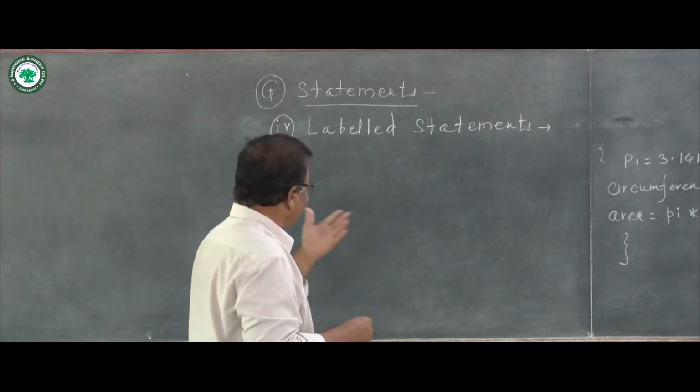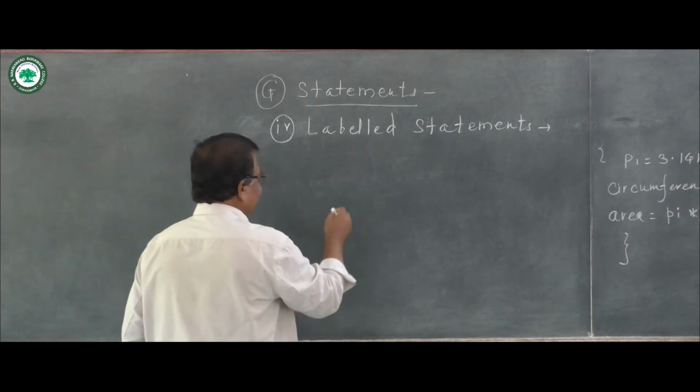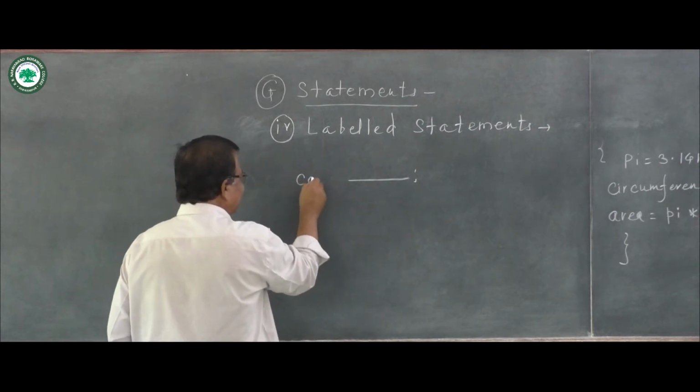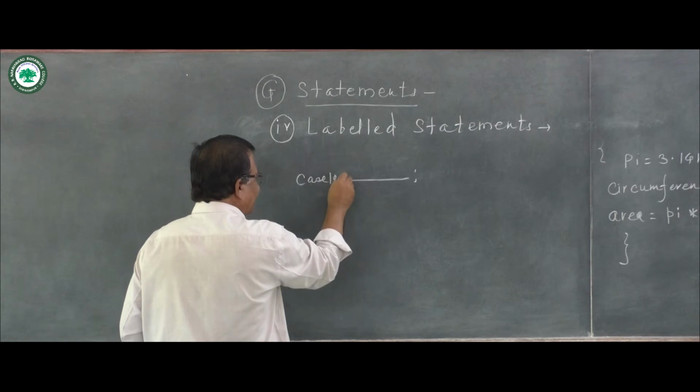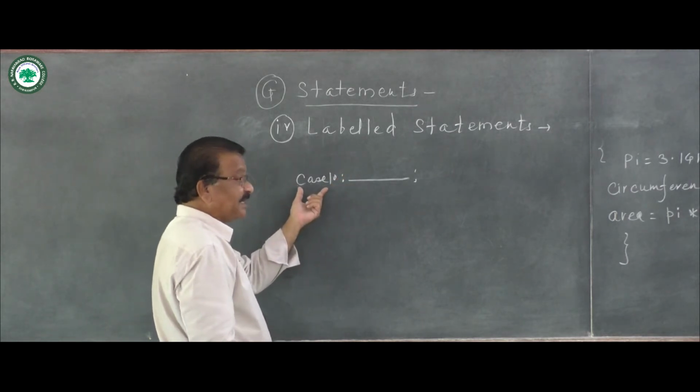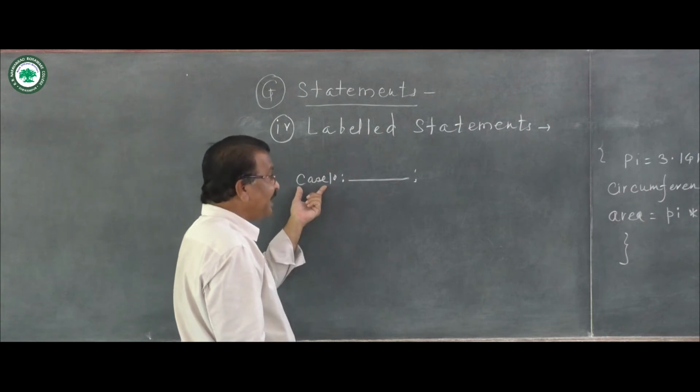So you can label any statement. For example, you have this particular statement, you can label it as case 10 and then colon. So this prefix is an identifier and is a label name.